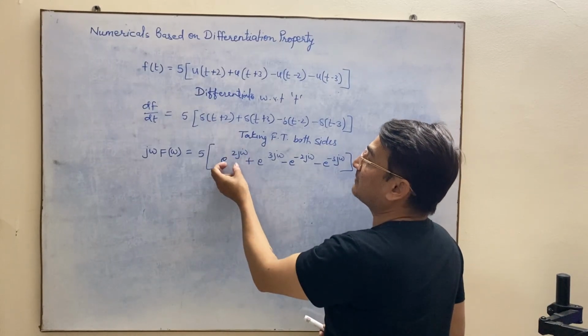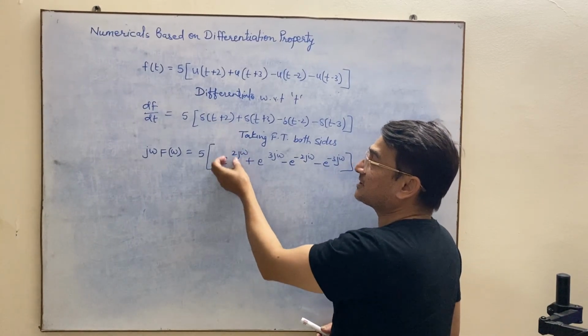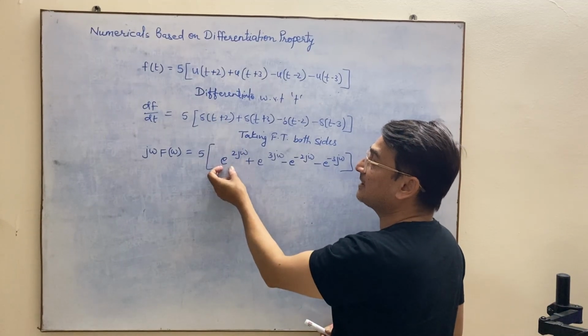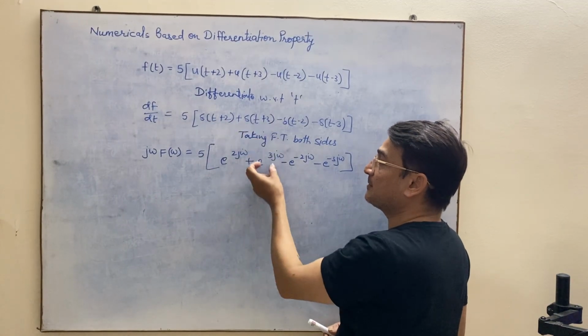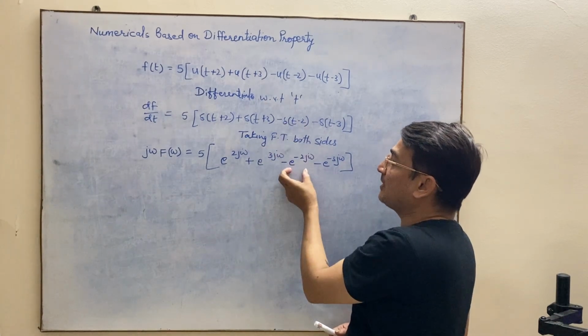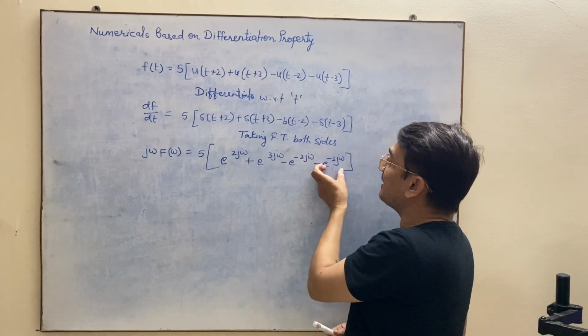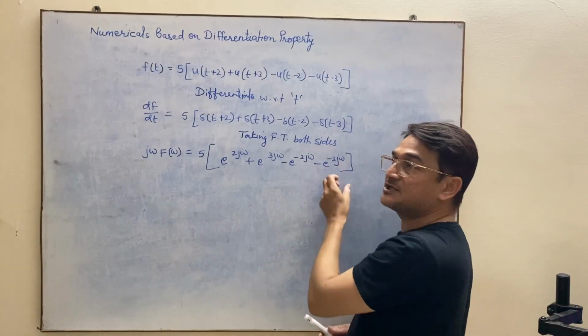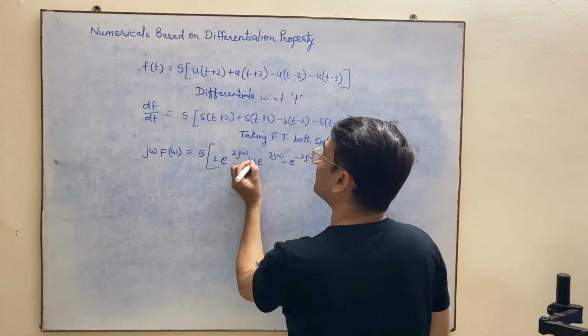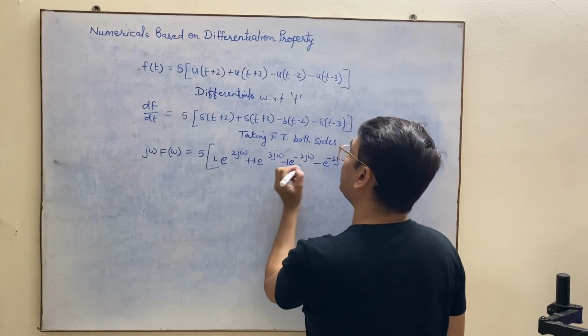So it is nothing but a shift in the exponential term. So t plus 2 will be e raised to the power 2j omega, t plus 3 will be e raised to the power 3j omega, minus 2 will be e raised to the power minus 2j omega, and this will be minus 3j omega. And obviously delta t has a Fourier transform 1, so 1 is automatically multiplied everywhere.